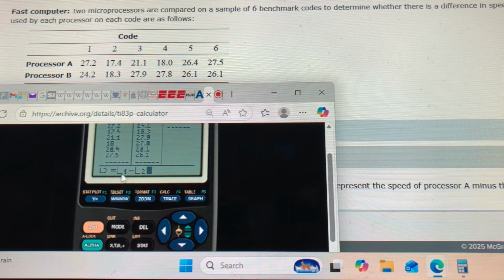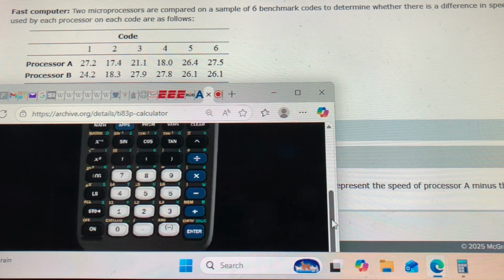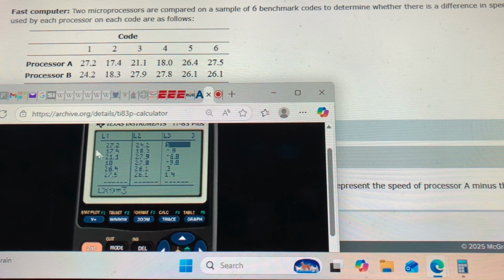See how it says L1 minus L2 for L3 there. There's nothing in it yet, but as soon as I press enter, it'll do all 6 subtractions in a fraction of a second. It took 27.2 minus 24.2, which is 3. It did 17.4 minus 18.3, that's negative 0.9. Some of these differences are negative. There are 3 negatives and 3 positives.